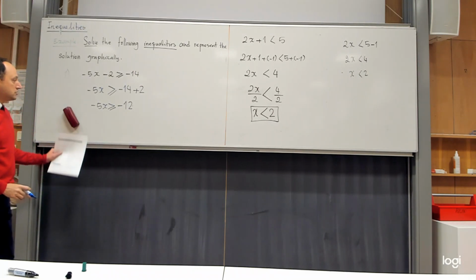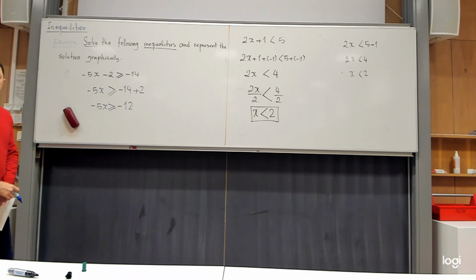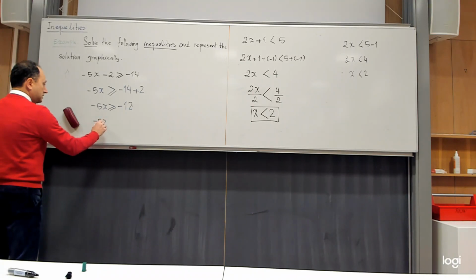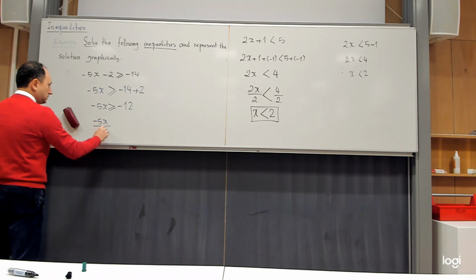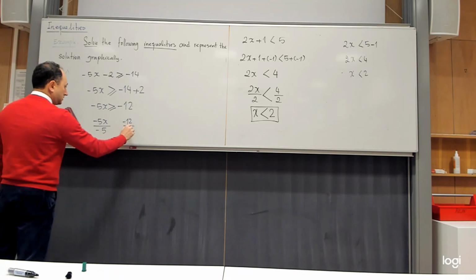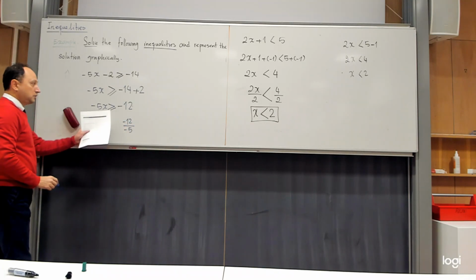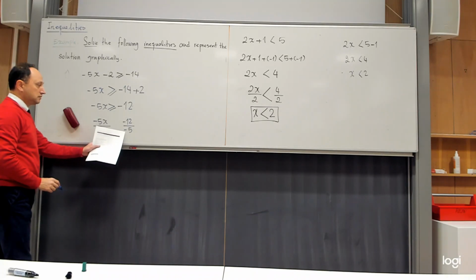And now x is not alone. So what I am supposed to do to make x alone, I have to divide by minus 5. So just let us write this patiently. You see, I am dividing this side by minus 5. I'm also dividing this by minus 5.